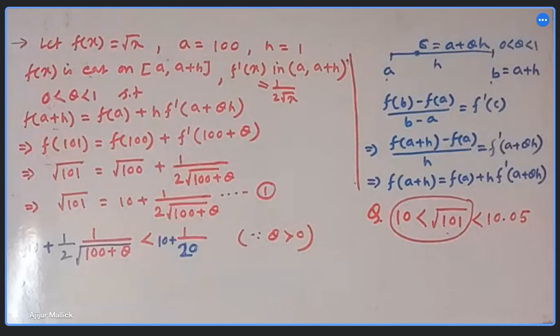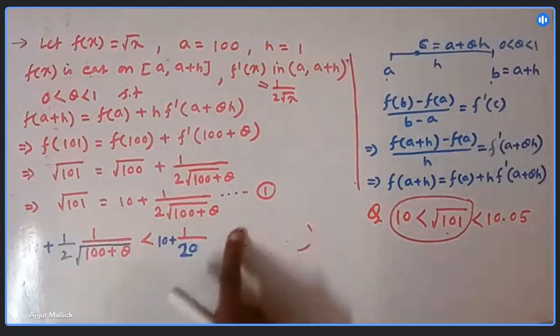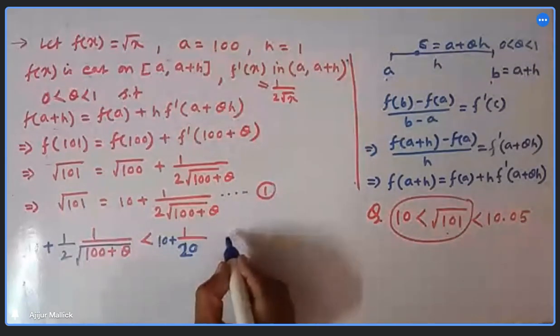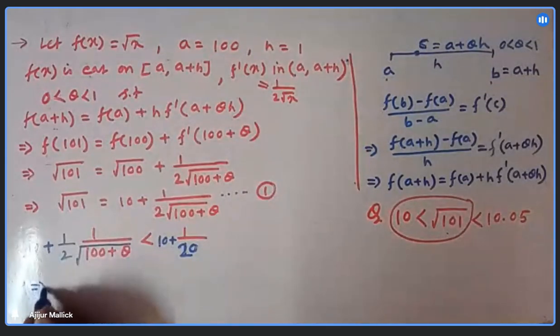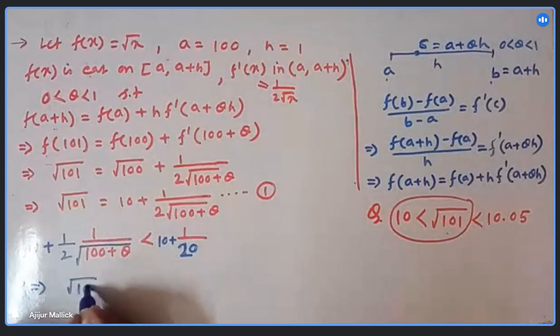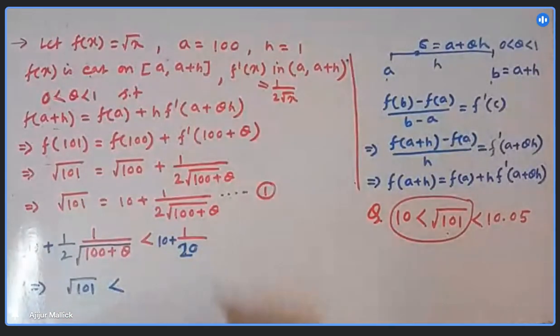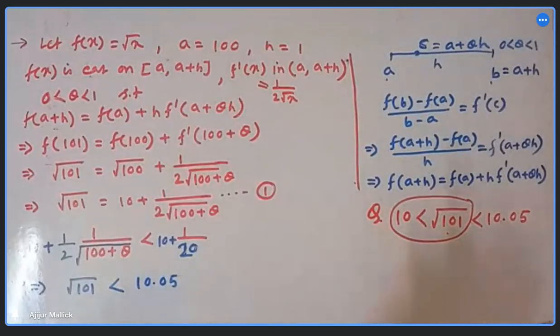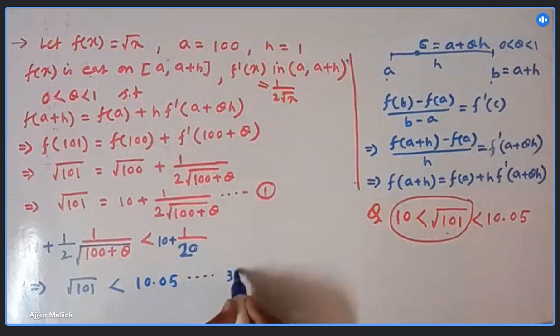So this implies the left hand side, root of 101, is less than the right hand side, 10.05. This is number 3.